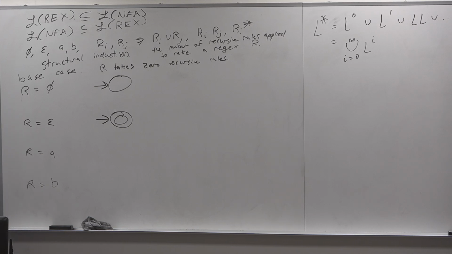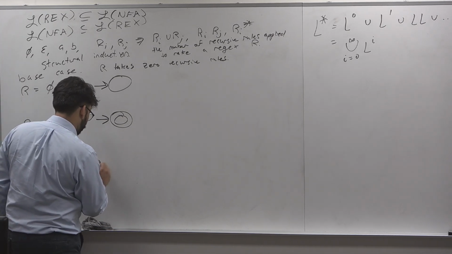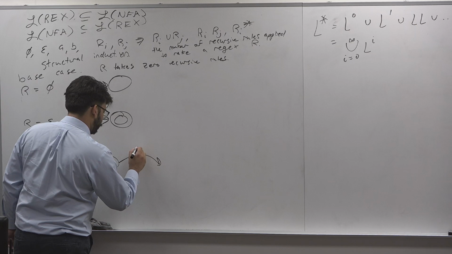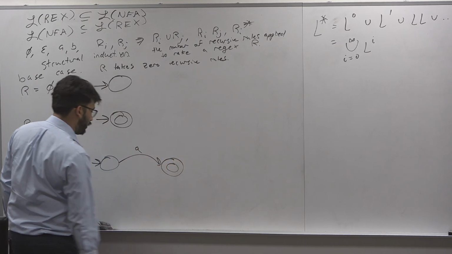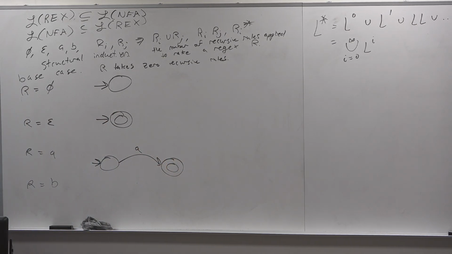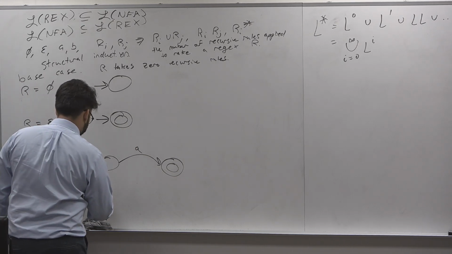Given a regular expression of just the symbol A, give me an NFA for the symbol A. So the start state and then a transition, and that's the accepted state. Right. Give me an NFA for the symbol B. Same thing. Yep.